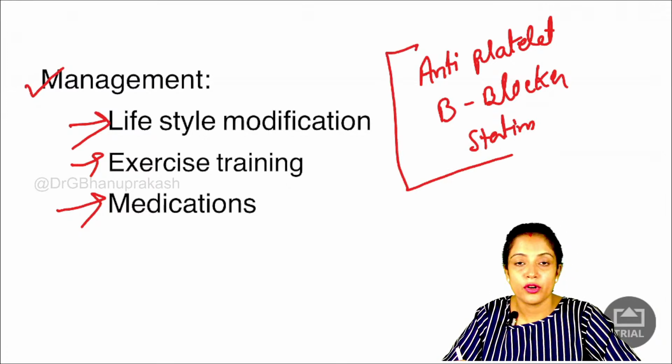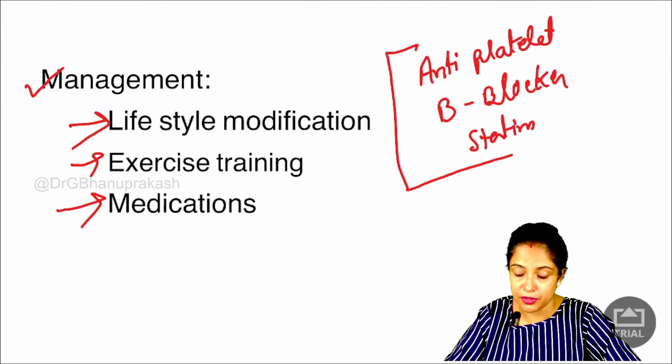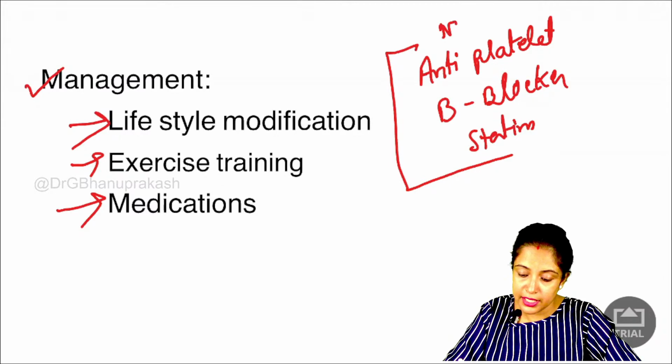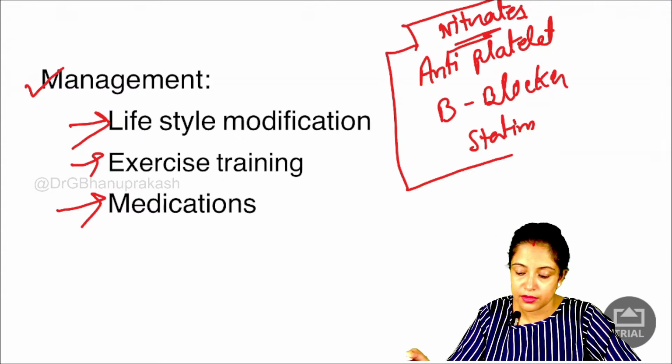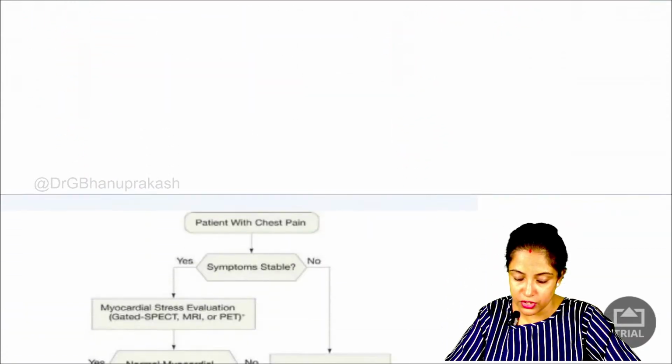These are the important drugs which we should be continuing for long term, and we should do periodic follow-up. And definitely nitrates and ranolazine can be used. So this is all about microvascular angina.